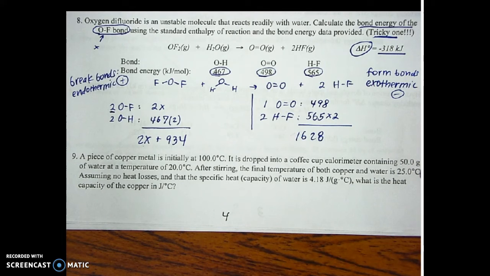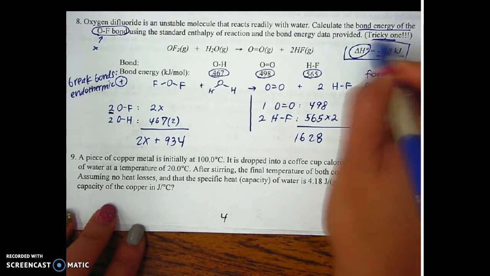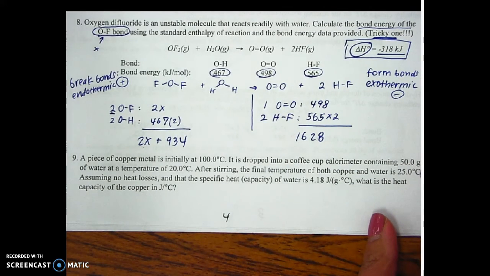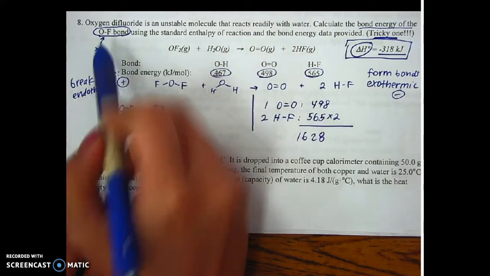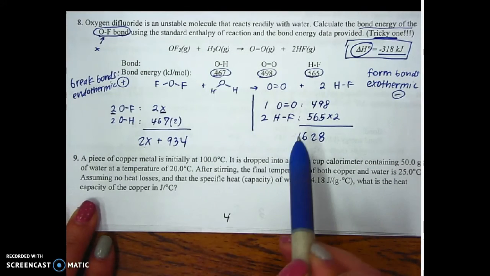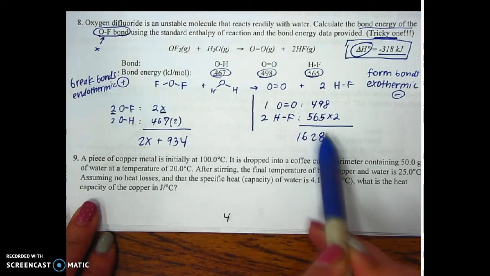Now, we're not through yet because, again, this time we know the total enthalpy for the reaction. It's negative 318 kilojoules. But what we do not know, or the unknown again, is that oxygen-fluorine bond energy right here. So let's set up an overall equation. We know that it's all the reactant stuff minus the product stuff.